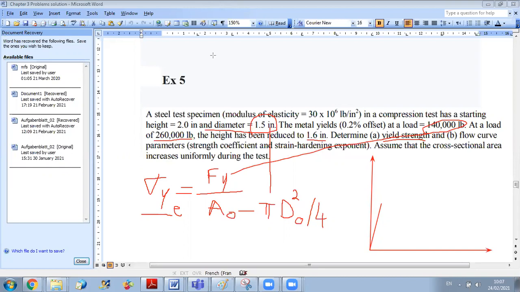So if you want to represent the curve roughly, it will be something like this. For the transition point, this is the yield point, which is the transition between elastic and plastic regime. Now, since they said that the value is given based on the 0.2% offset method, this corresponds to taking a value of epsilon equal to 0.002.